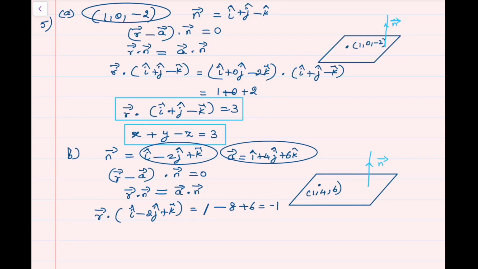Therefore, the vector equation is vector r dot (i cap minus 2j cap plus k cap) is equal to minus 1. Now we have to write the corresponding Cartesian equation. Let us substitute vector r as xi plus yj plus zk and find the dot product. We get 1x minus 2y plus 1z equal to minus 1.